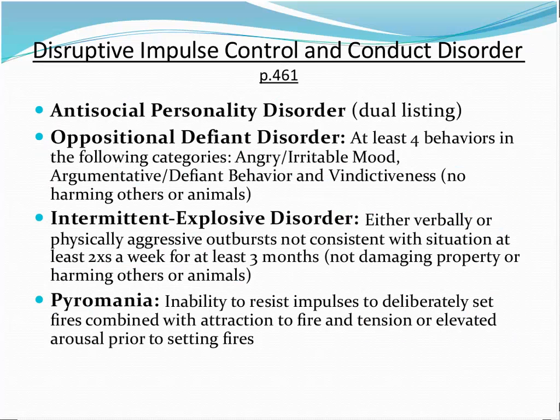This is another one of the spots where we have a dual listing of a personality disorder. Antisocial personality disorder has not been moved into this chapter, but there is a dual listing due to the correlation between disorders in this chapter and current or future diagnosis of antisocial personality disorder.